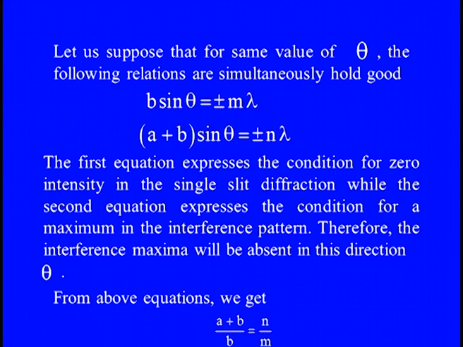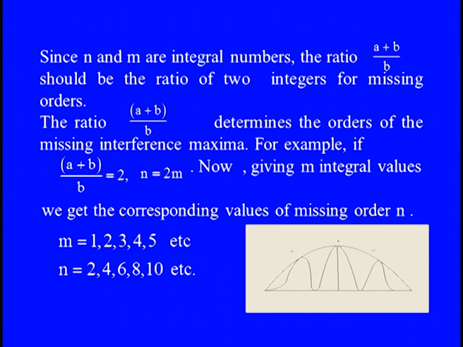From the above equations, we can write (a plus b) divided by b is equal to n by m. Since n and m are integral numbers, the ratio (a plus b) by b should be the ratio of two integers for missing order. The ratio (a plus b) by b determines the order of the missing interference maxima.